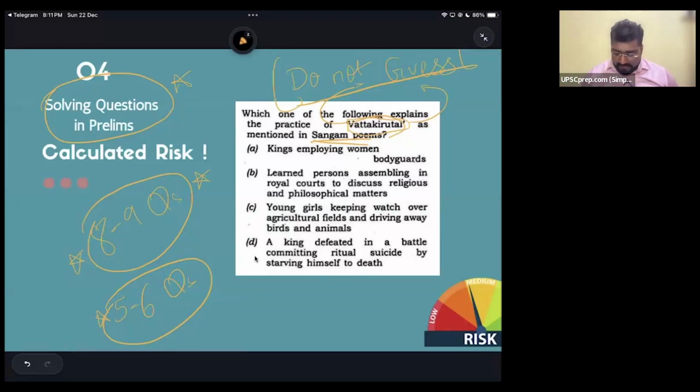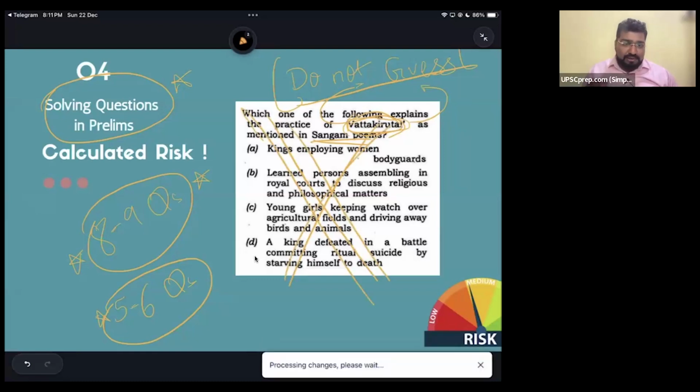Fine. If I was giving the prelims and this question came, I have read multiple sources. You people should be confident that you have read the sources which I have told you. This concept is not there. Skip it. Directly cross it. You need to take a very calculated risk. You should not be marking any of the options and going ahead. That's not the case.